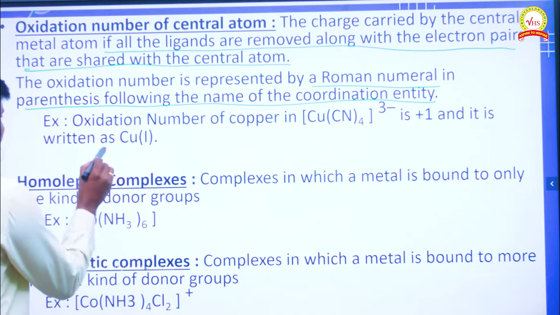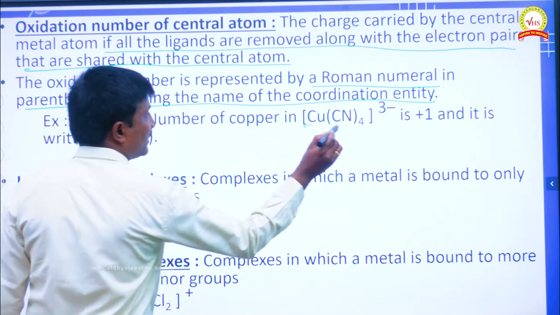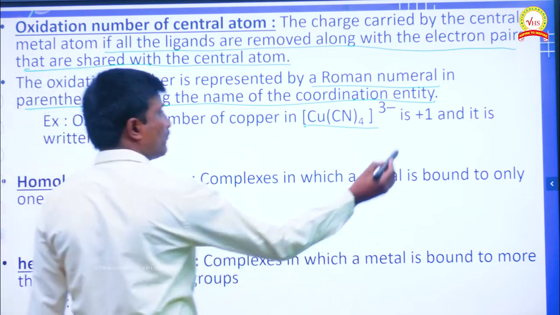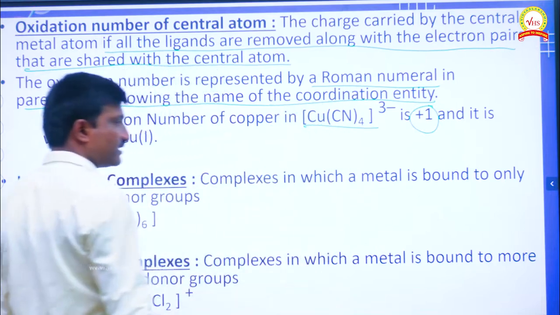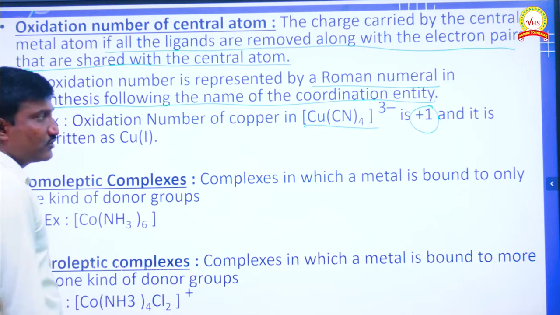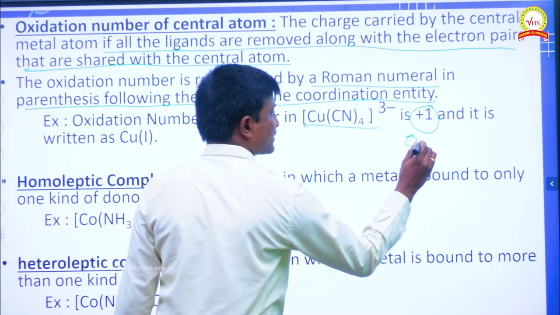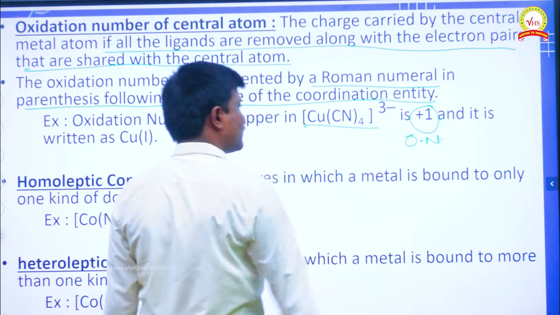For example, if I take a compound in which copper is going to form the +1 oxidation state, that oxidation number is +1.